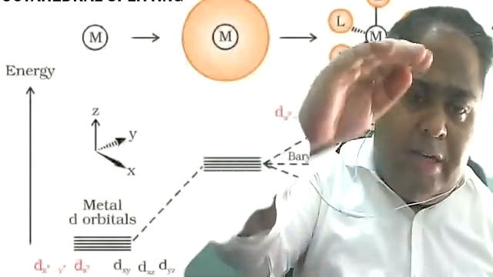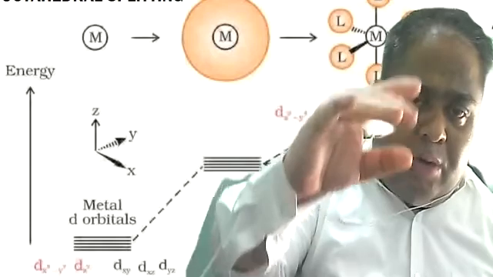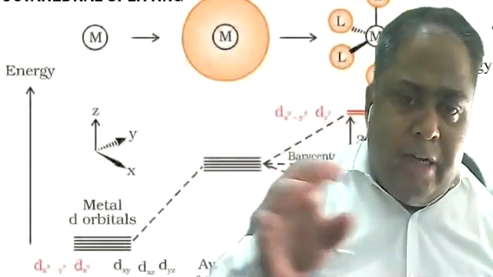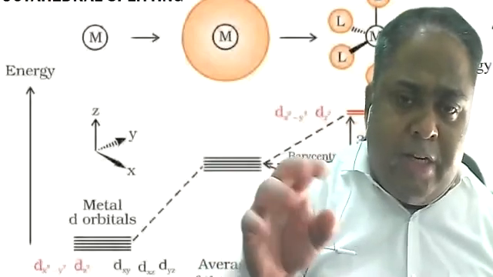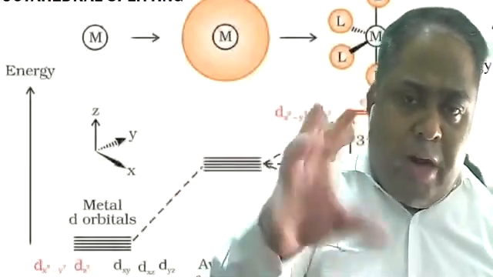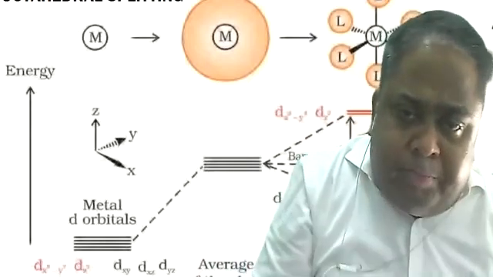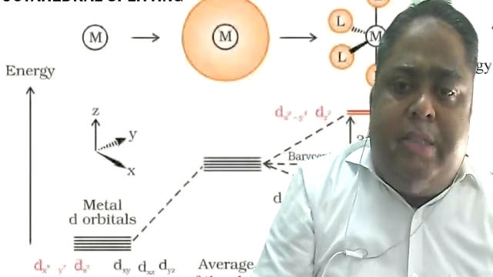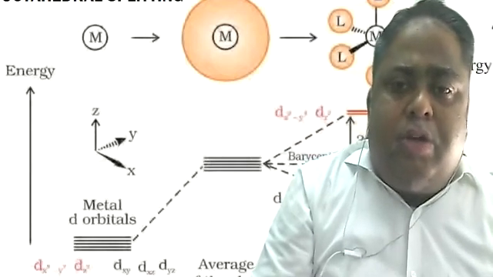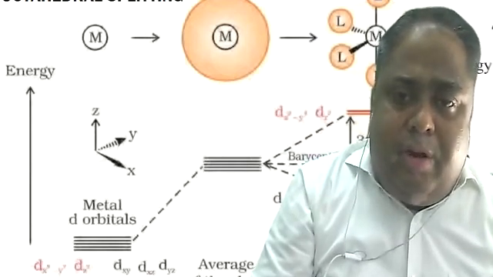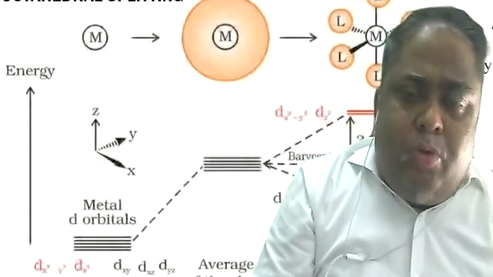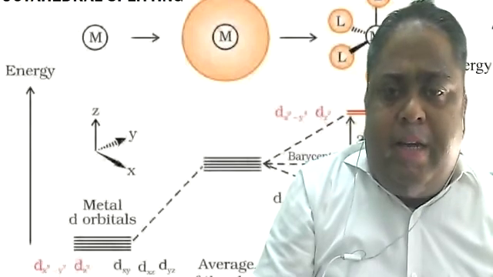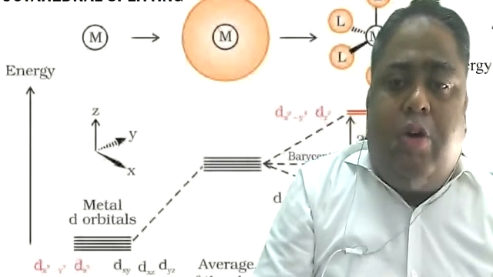And then when it comes down, it liberates energy, and this energy comes out in the form of light. Due to the same reason, various gemstones like ruby also give coloration. Now, you might have seen copper sulfate hexahydrate, copper sulfate dihydrate.